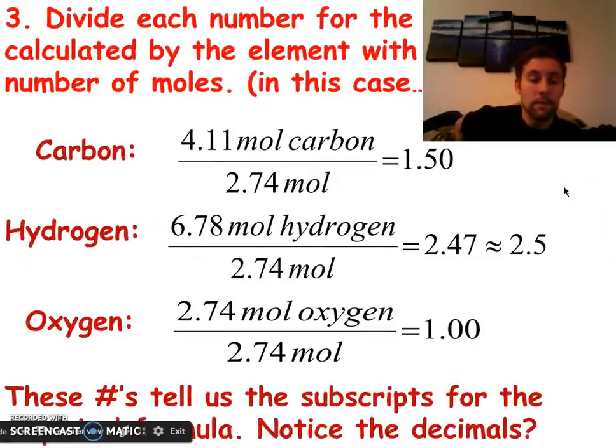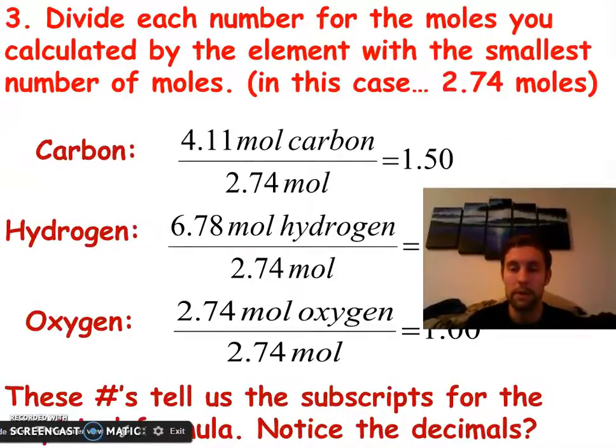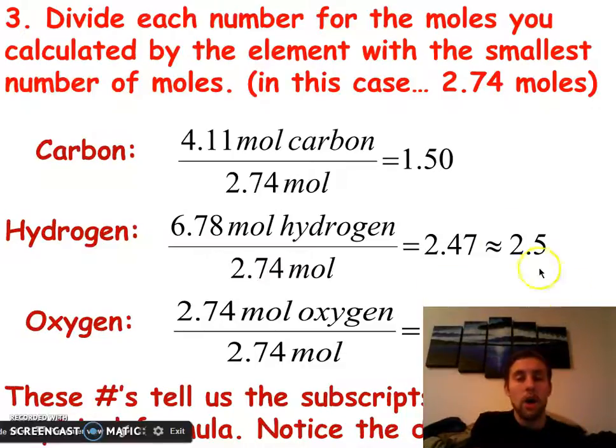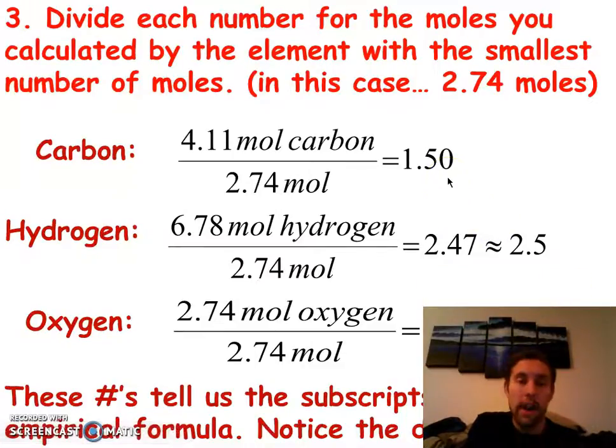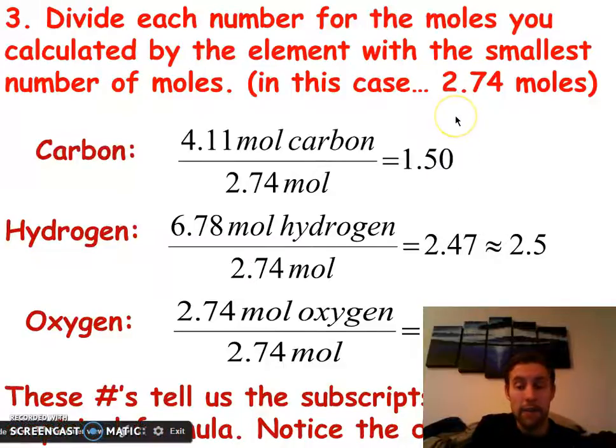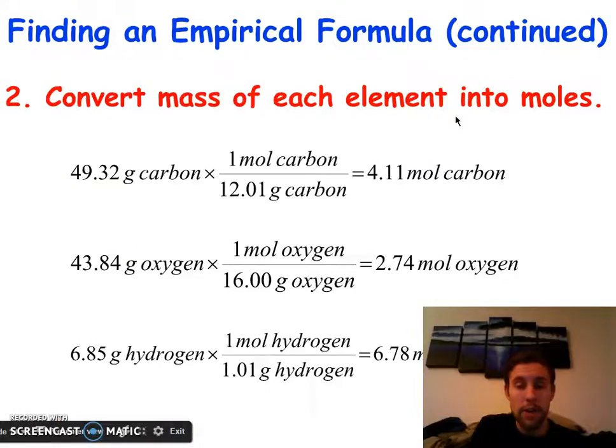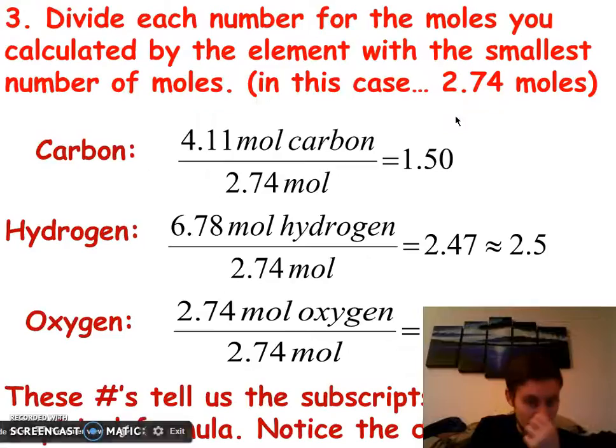Then we take all 3 of those answers. We take all the answers we got and divide them each by the smallest answer we had. In the last case, if I flip back up, our smallest number here is 2.74. So we're going to divide all of them by 2.74.